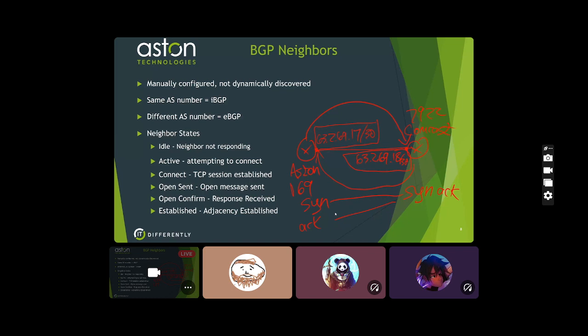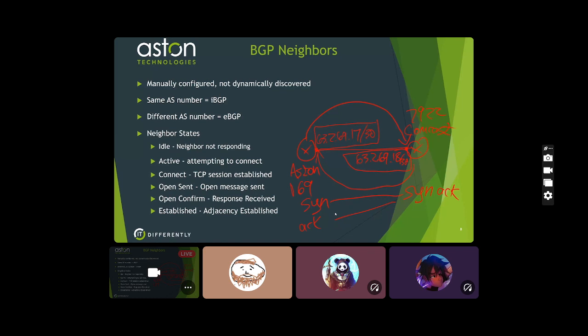So connect is after that TCP session has been established. You will then send an open message. All right, so now that we're talking to each other, we have a conversation going. I would like to become your BGP neighbor. And then Henry will send his response saying, you want to be a BGP neighbor? Cool.